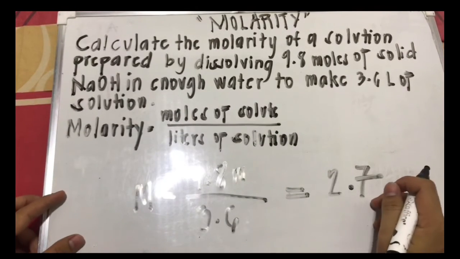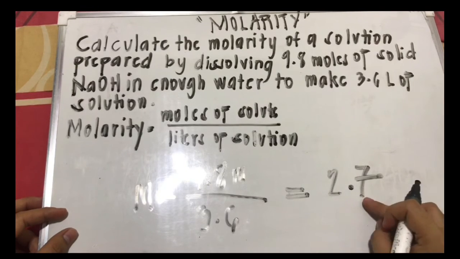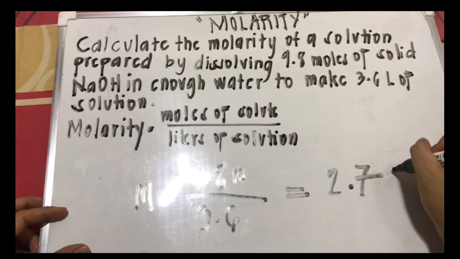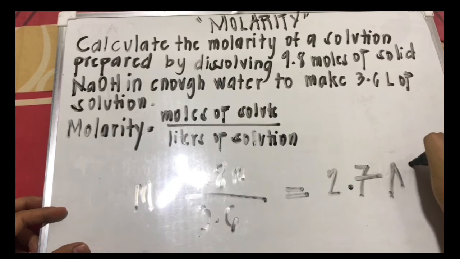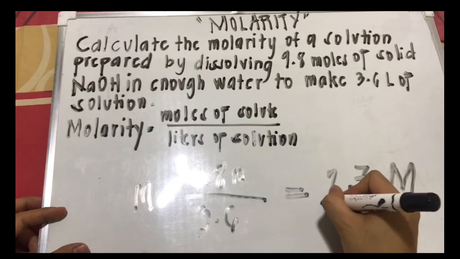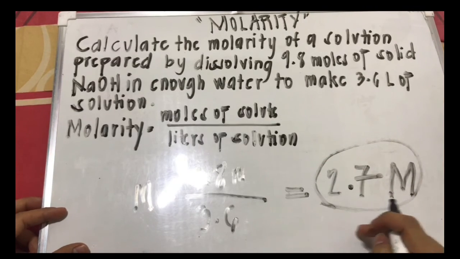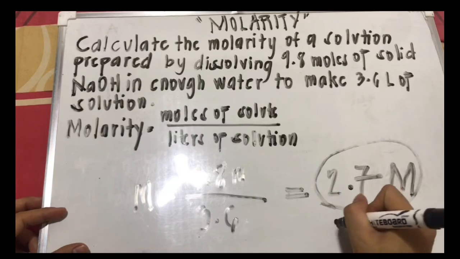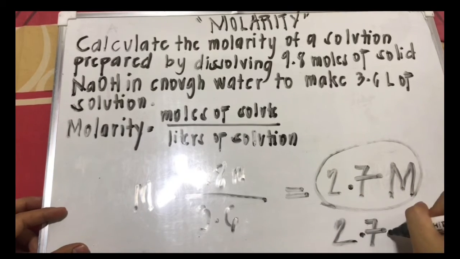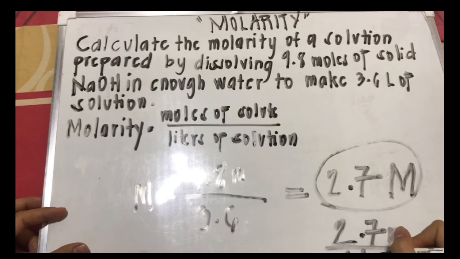After that, what should be the units for this? When you find molarity, the final answer is molar, capital M. So this is 2.7 molar, but what 2.7 molar really means is that there are 2.7 moles of NaOH for every 1 liter of solution.